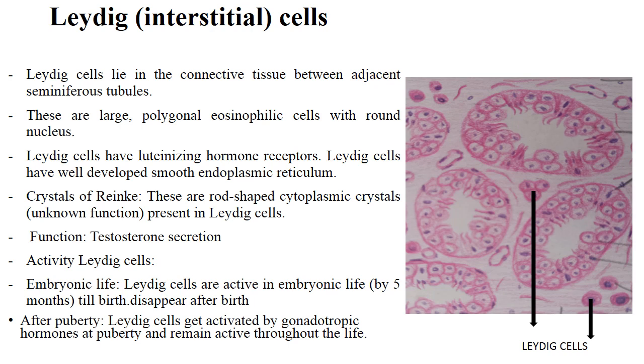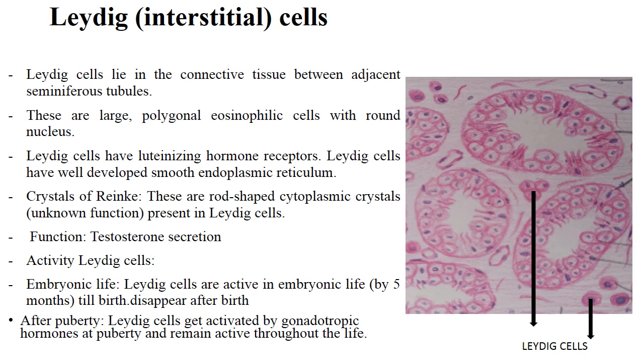Interstitial cells help in descent of the testis in fetal life. In puberty, they stimulate the growth of secondary sex characters. They initiate heterosexual drive. They help in the growth of cells of the prostate and seminal vesicle, and they have crystals of Reinke. Crystals of Reinke are rod-shaped cytoplasmic crystals, and they are present in the Leydig cells.